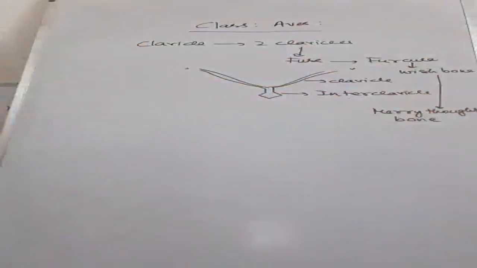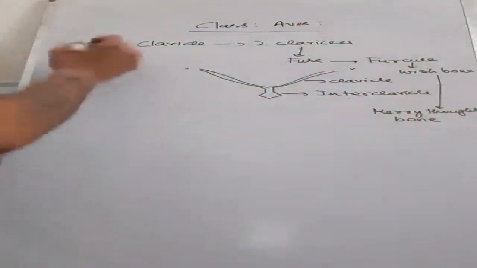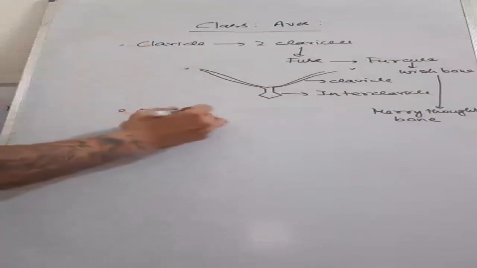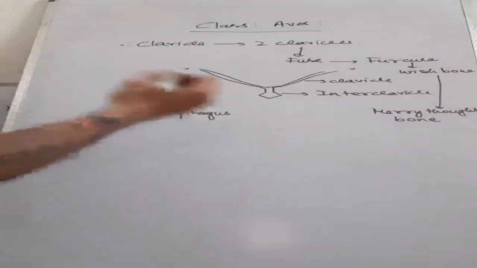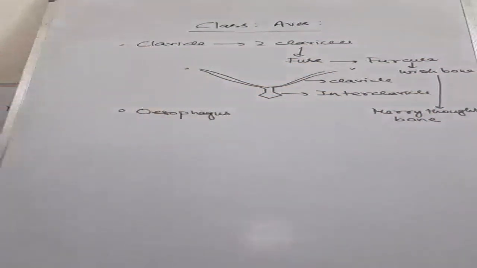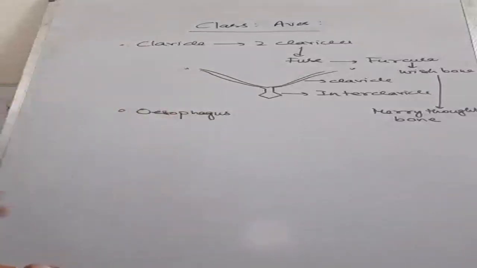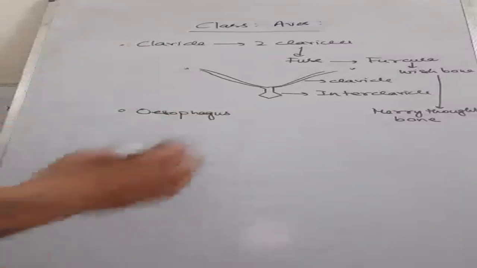Okay. Now we talk about the esophagus. When we talk about the esophagus, basically it extends or dilates to form another structure which is known as the crop.